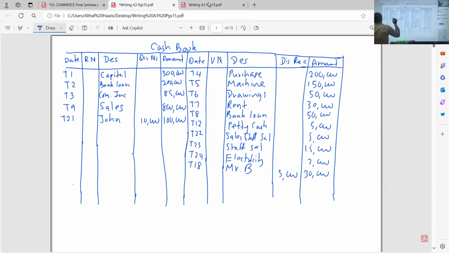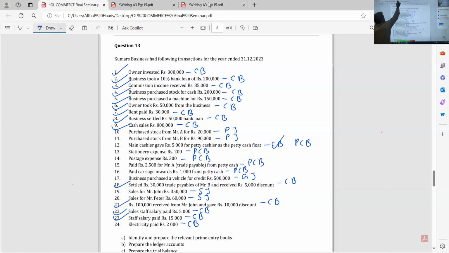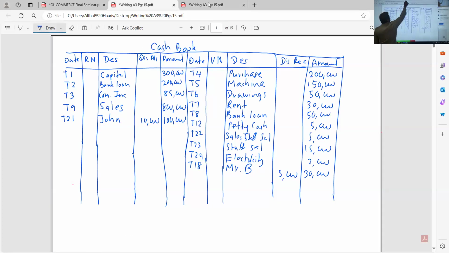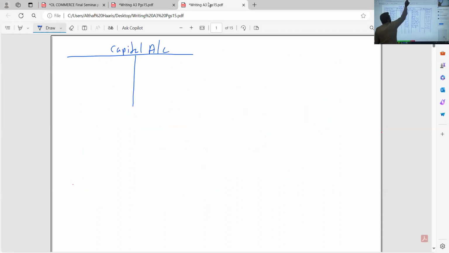So here, first T account, capital account. What is the value? 300,000. Here debit, capital account credit, 300,000. So here you can write cash.